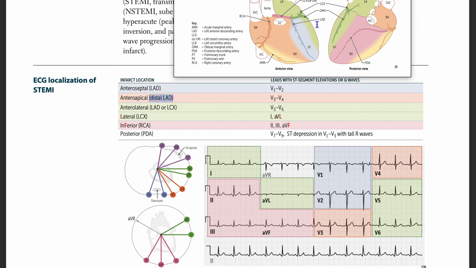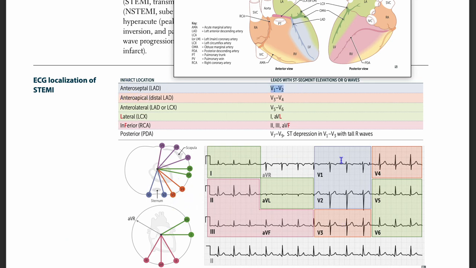So distal LAD, this area is supplied by left anterior descending artery. That's why it's antero. Okay, and V3 and V4, that's where you'll see ST segment elevation. So if you see it over here, there's a problem with this area of the heart, basically the anteroapical area of the heart.